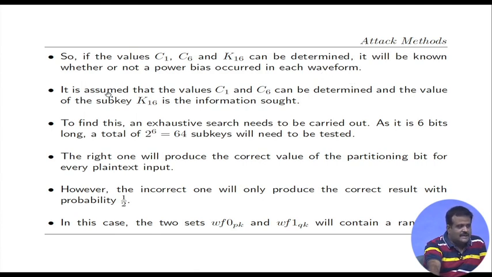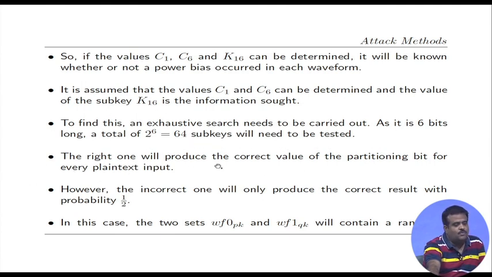It is assumed that the values C1 and C6 can be determined, and the value of K16 is the information sought. To find this, we do the exhaustive search on K16. So, this is 6 bits, so there are a total of 2 to the power 6, that means 64 possible sub keys. We will try this for all sub keys.